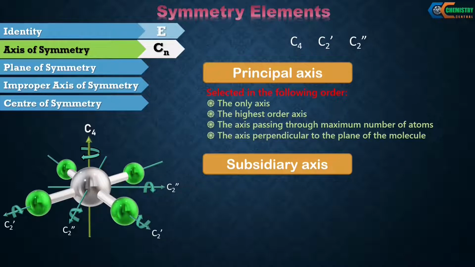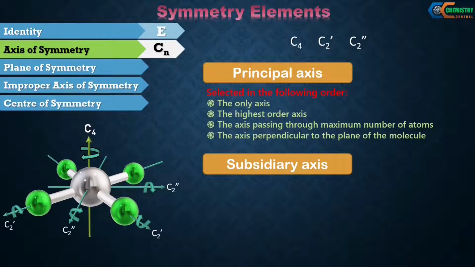The last condition is if the molecule contains more than one axis of the same order with the same number of atoms, then the axis which is perpendicular to the molecular plane is considered the principal axis. One more rule to remember is that the z-axis is always assigned along the principal axis. That means the principal axis is selected first, then the direction of the z-axis is assigned to the molecule along this.